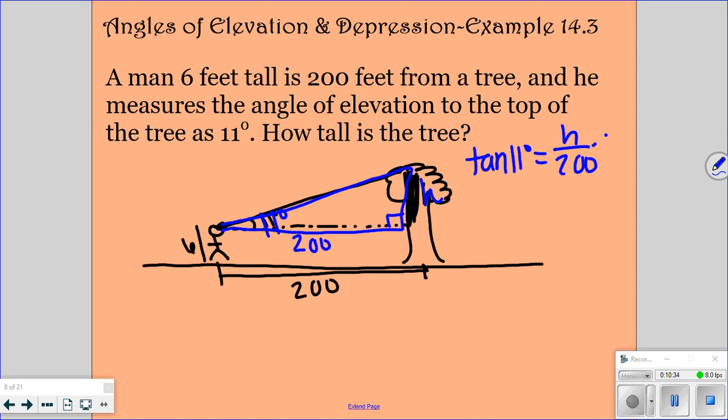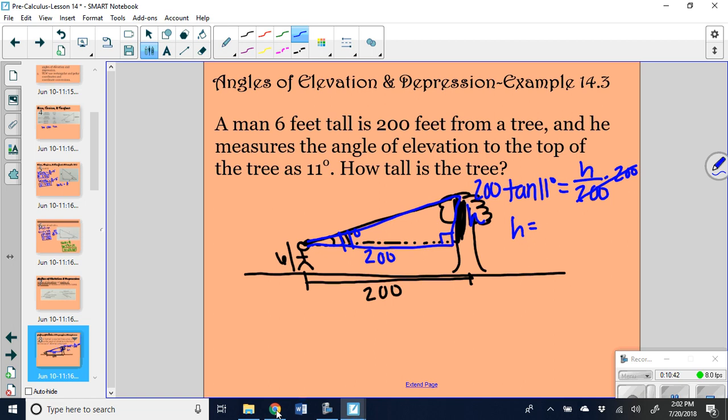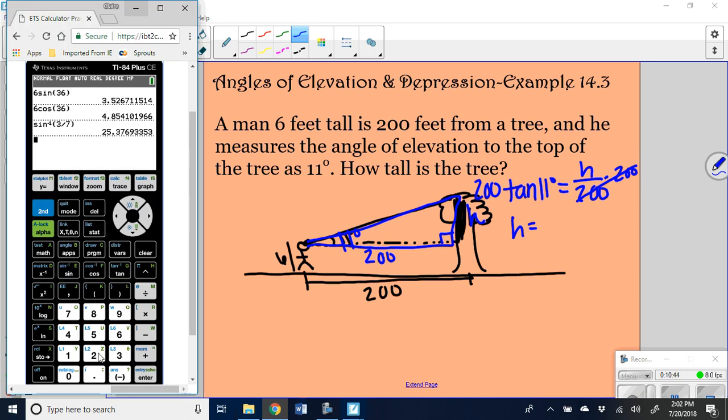So we can multiply by 200 on both sides of our equation. And so our h, if we plug it into our calculator, you'll have 200 tangent of 11 equals 38.88.